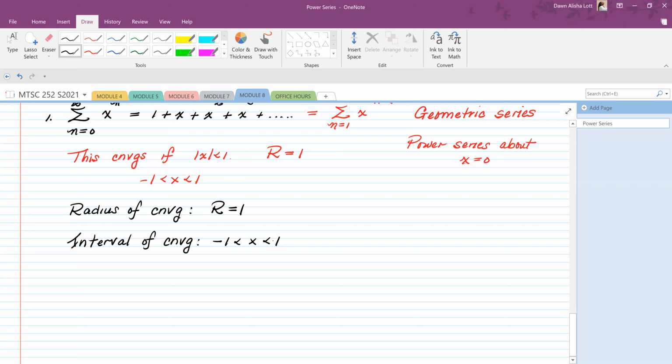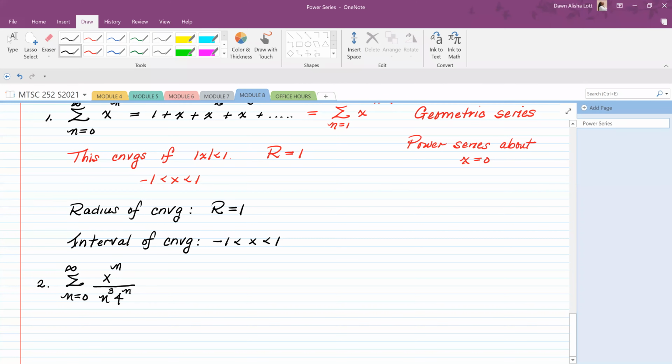Okay, so here's number 2. The summation n equals 0 to infinity of x to the n over n cubed 4 to the n.